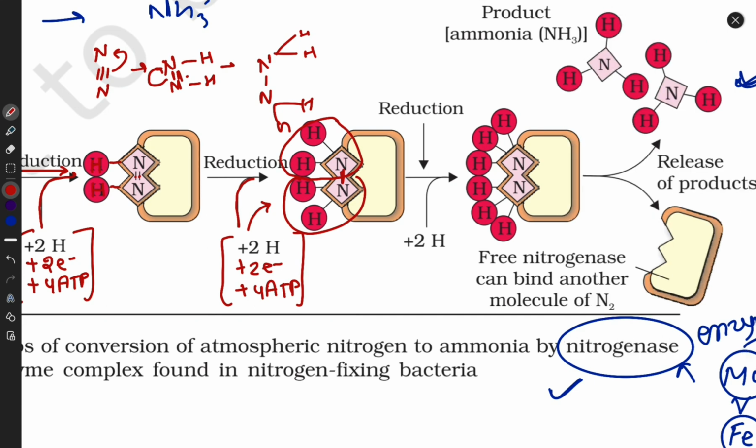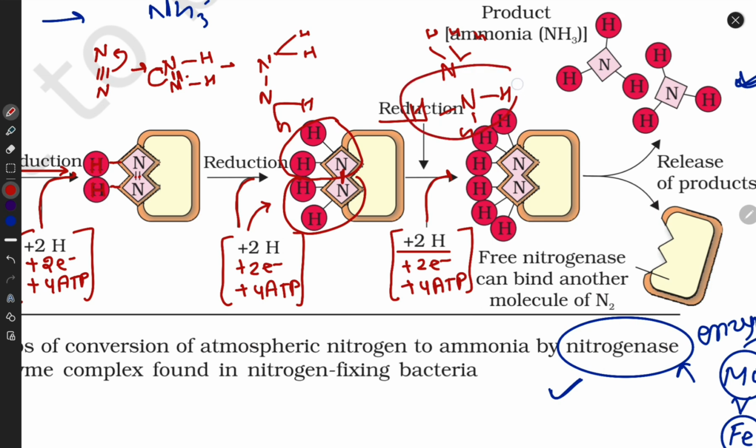Now what happens next? Again reduction, again breakage of bonding. Again we provide two hydrogen ions plus two electrons plus 4 ATP. When we provide this much, this form occurs again. Now we got ammonia. This is one group and this is another group, which means we get two molecules of ammonia.